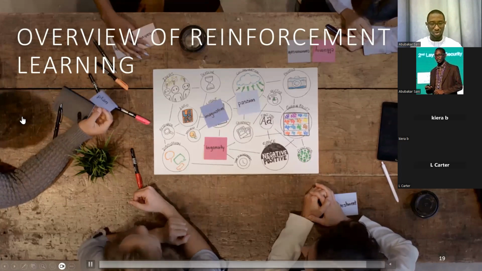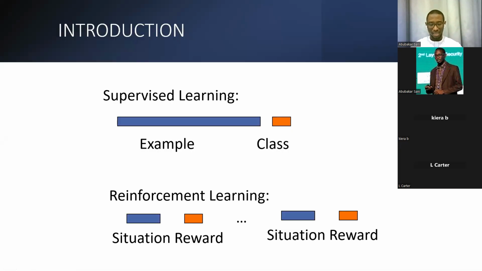Reinforcement learning, unlike supervised and unsupervised learning, does not require historical data. All that it needs is a situation, then it will take a decision. If the decision it took is good, it will get a good reward.